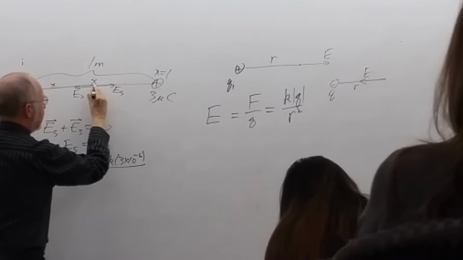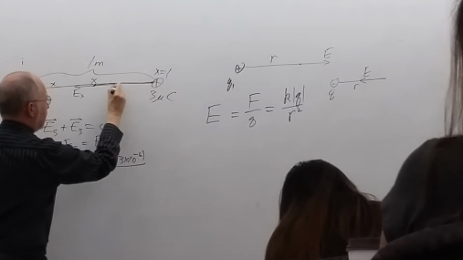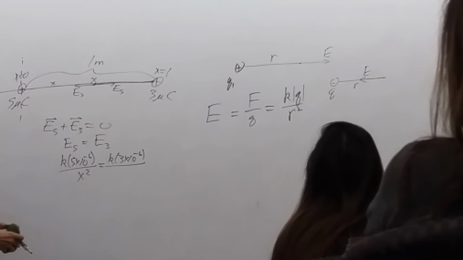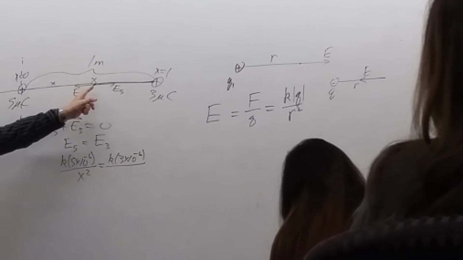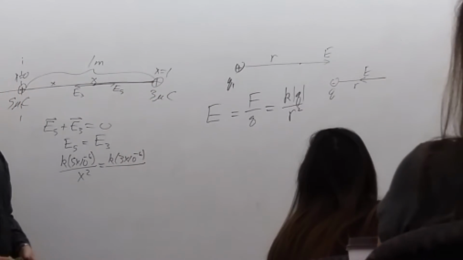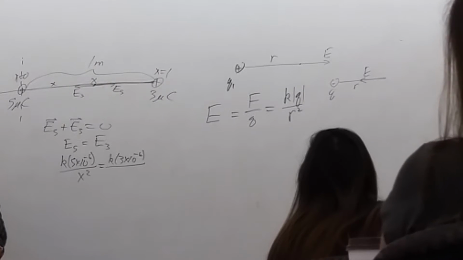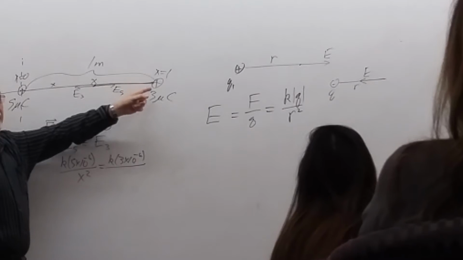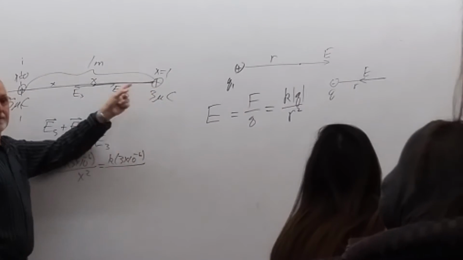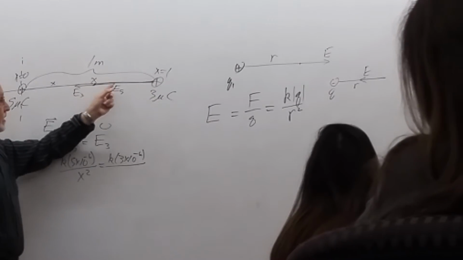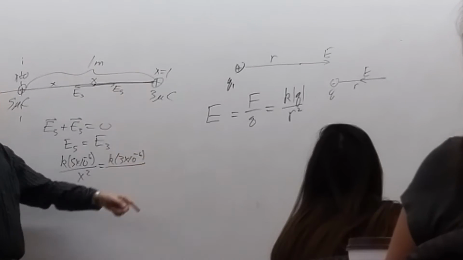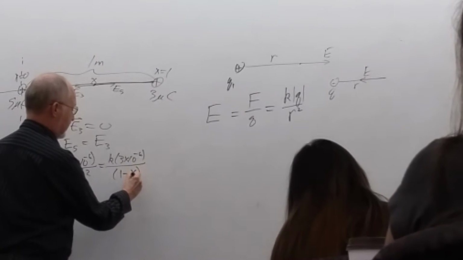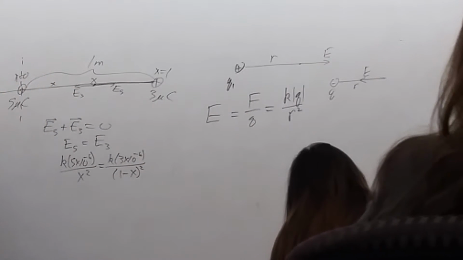And so what's that distance going to be? This distance is x, how far is it from here to here? What was the distance from here to here? And this was x, so this distance has to be 1 minus x. 1 minus x squared for that r value.